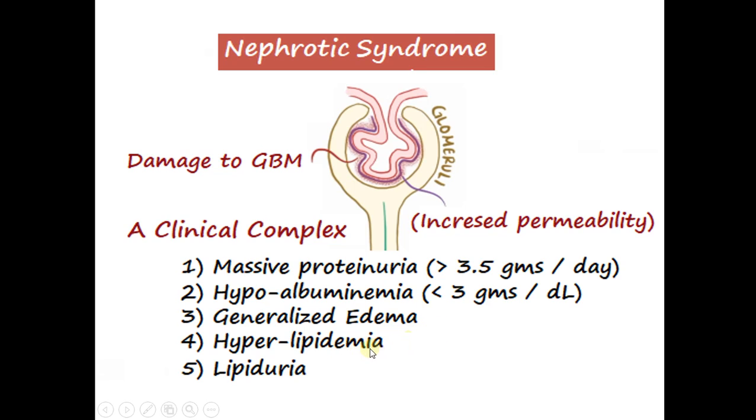Additionally, in nephrotic syndrome, the hypoproteinemia stimulates the liver to produce more proteins. This is a compensatory response of the liver.